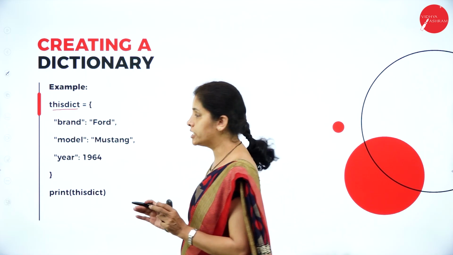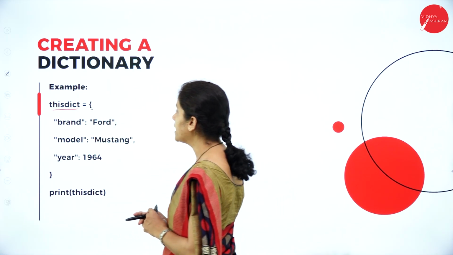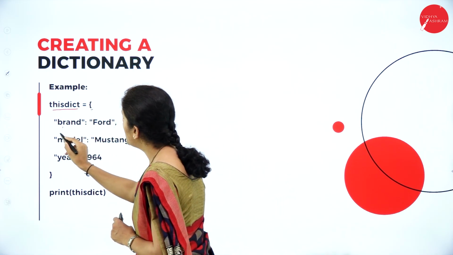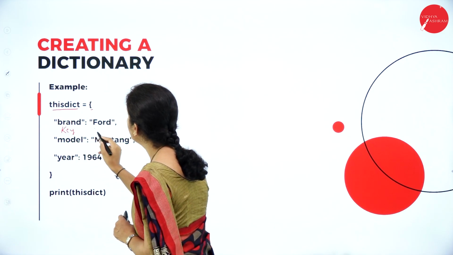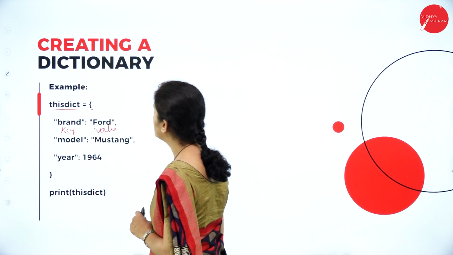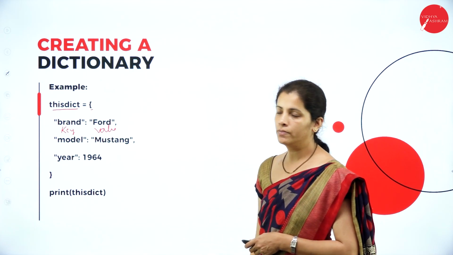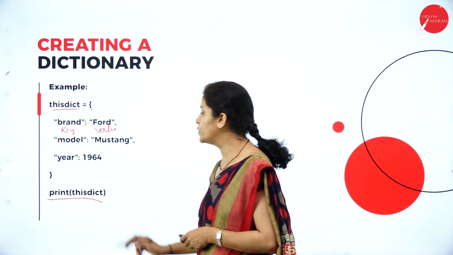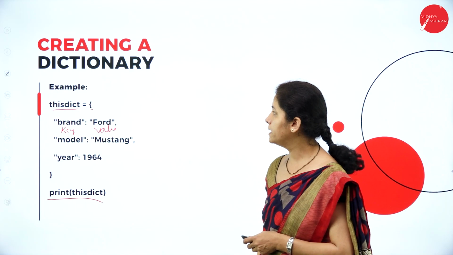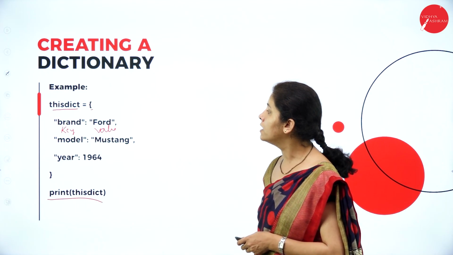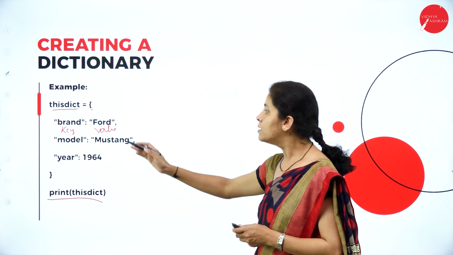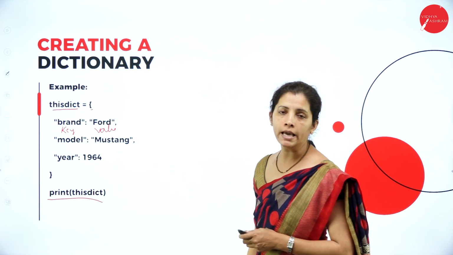To create the dictionary, I'm going to use curly brackets. See here, this is my key and this is my value, so it is called a key-value pair. And to print, I'm going to use the print statement. And the output I'm going to get is brand Ford, model along with the year.